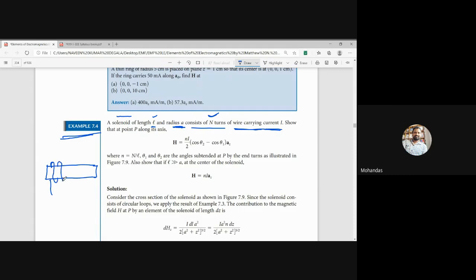If you wound a conductor on a magnetic material or non-magnetic material, it is known as a solenoid.